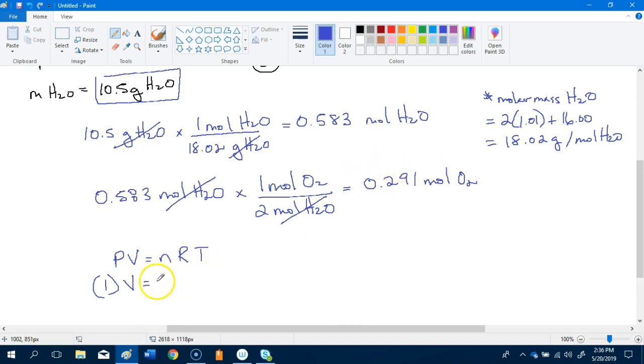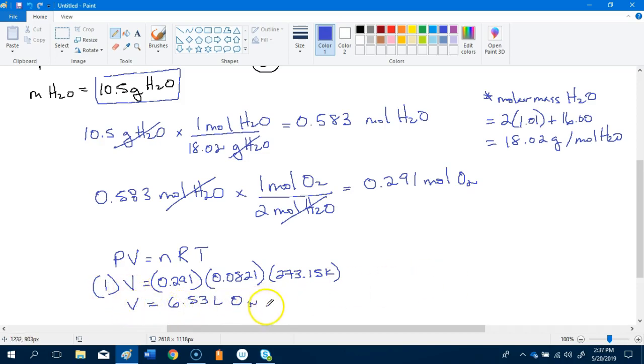My moles are 0.291 times my ideal gas constant, which is 0.0821, times my temperature at standard temperature, which is 273.15 Kelvin. Multiply this whole right side together, and that gives me 6.53 liters of O2 is equal to my volume, because 1 times my volume is equal to volume.